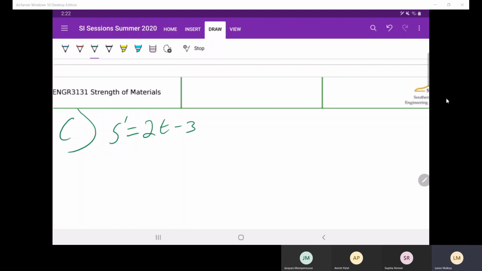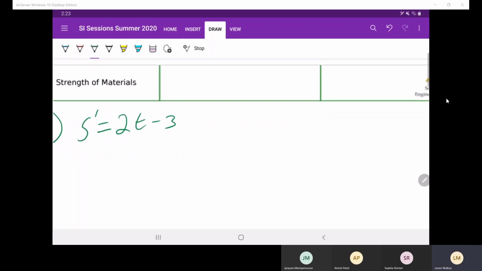So when you have velocity, what shows you the velocity in one dimension? So you're going from, say, left to right. What shows you the direction? What direction is this going in?